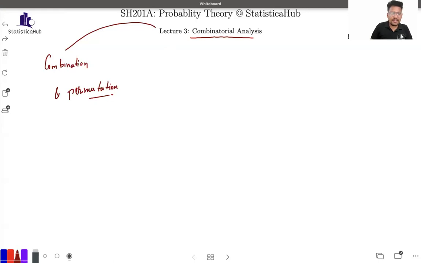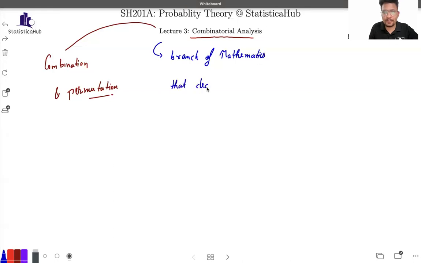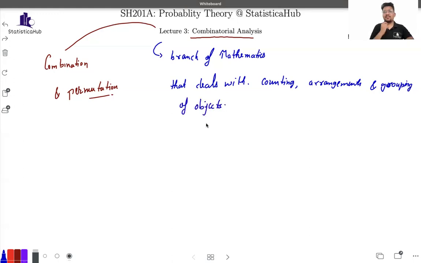So basically, in a very simple format, this is a branch of mathematics that deals with counting, arrangements, and grouping of objects.